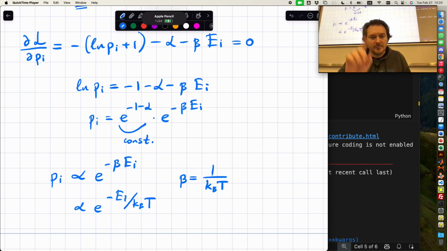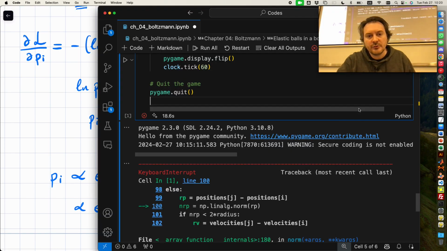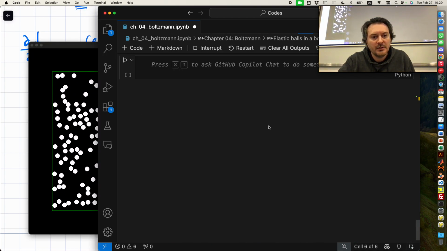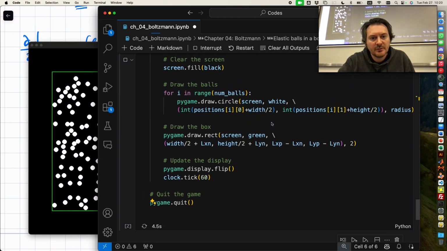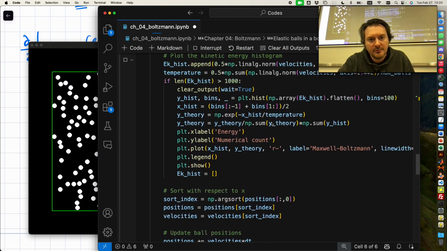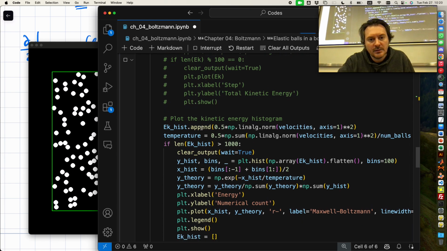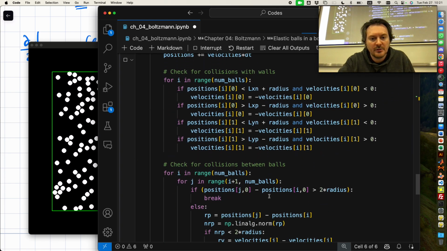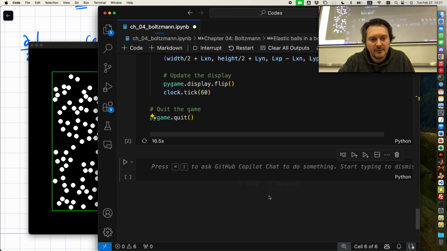Just give me 1 minute to show you that. As this runs, I will describe the code later on, but as this runs, I'm keeping the tab of all the energies, all the kinetic energies, and I'm going to plot a histogram here, not me.